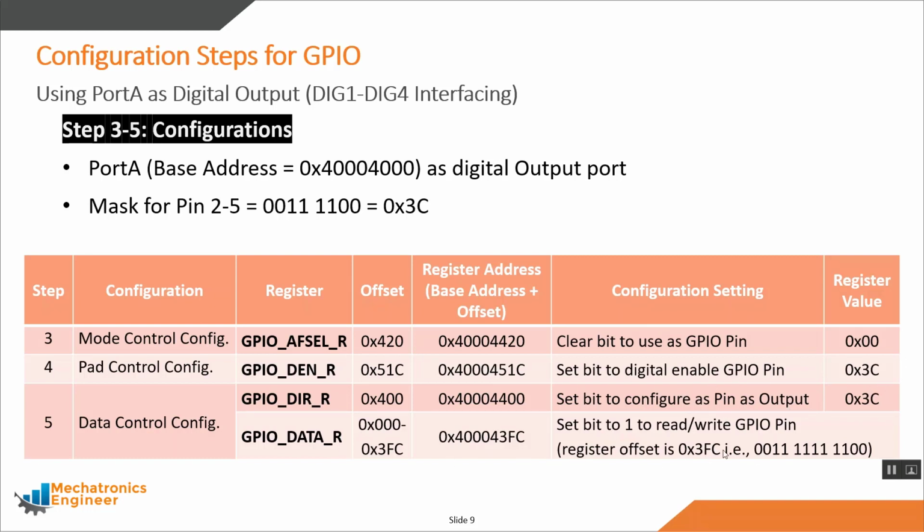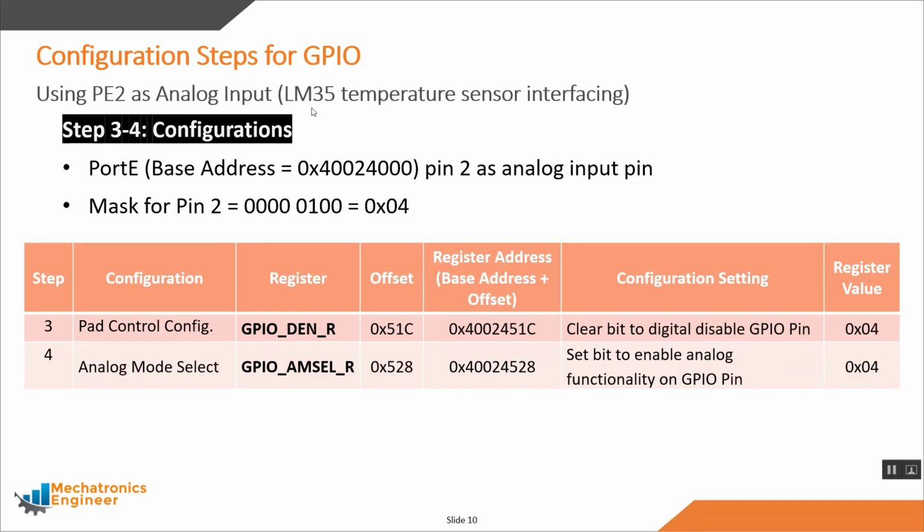Also in the data register, we can calculate the offset only for these 4 pins, or we can calculate it as the entire port, and in the code we can use different bitwise operators to access the different pins. For interfacing the LM35 temperature sensor, we are using port E pin 2.